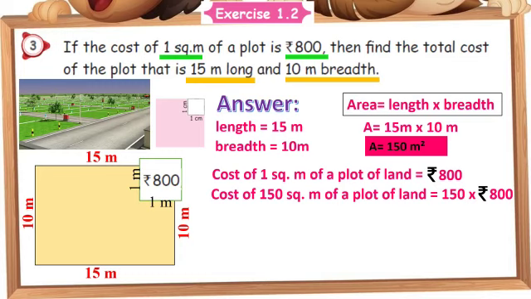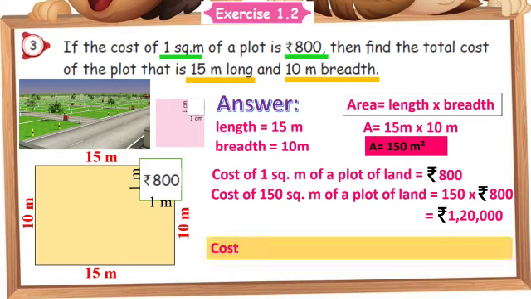So just join 3 zeros with the multiplication of 15 into 8. After that, rupees 1,20,000 is the answer here. Just do it by yourself and then check the answers, whether I have done it correct or not. So cost of 150 square meter of a plot.